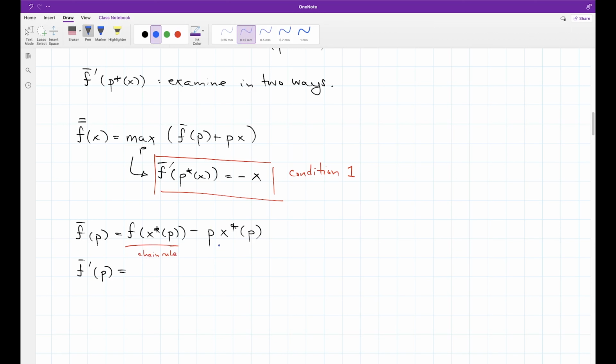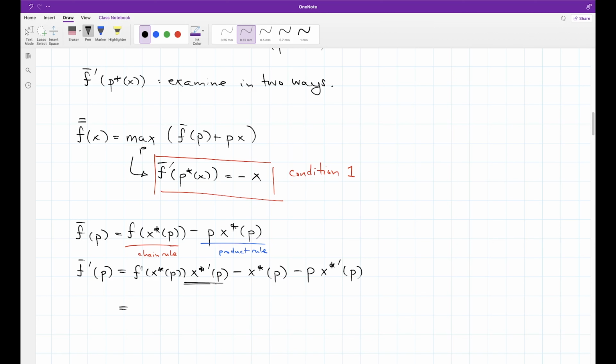And then we'll need to use the product rule on this term. So let's get to it. Here we have f prime at x star of p times x star prime at p. All right, then for the second term, well, for the first part of the product rule, we'll take the derivative of p with respect to p, which is 1, so we just get x star of p, and then minus px star prime of p.